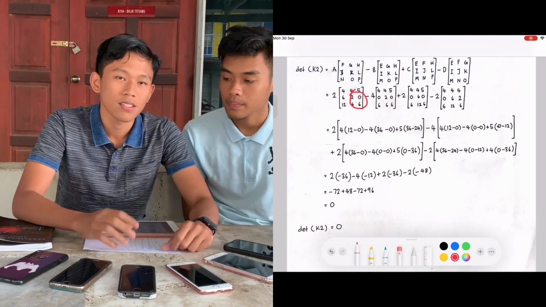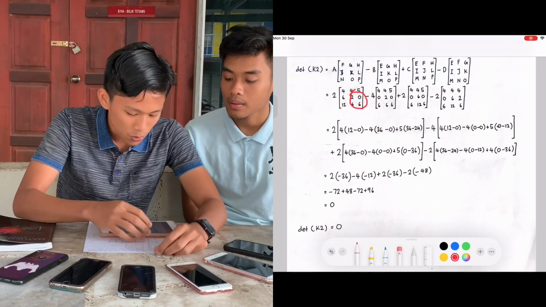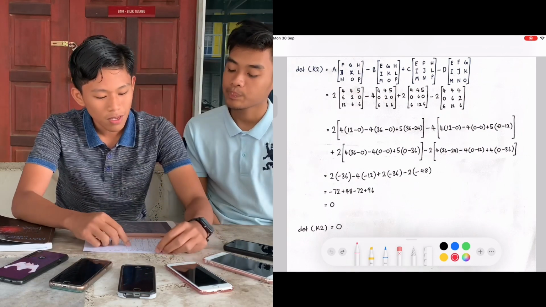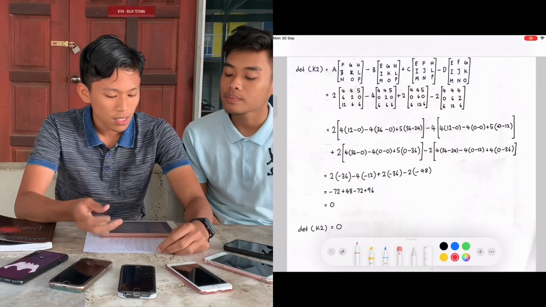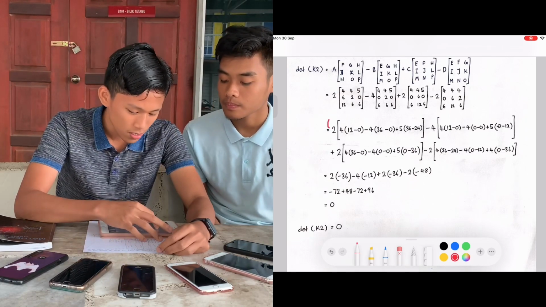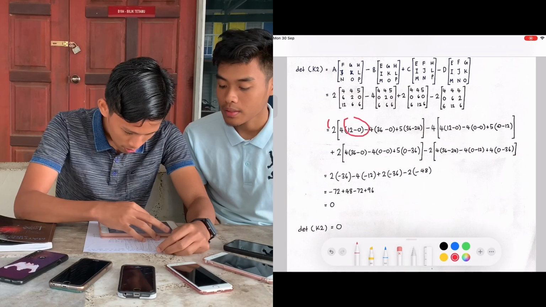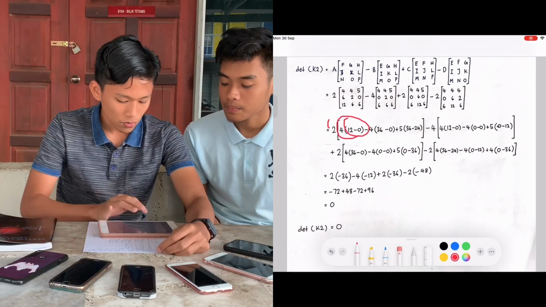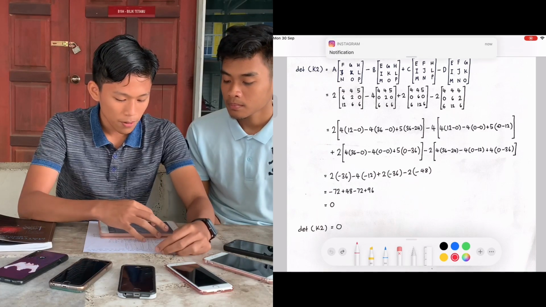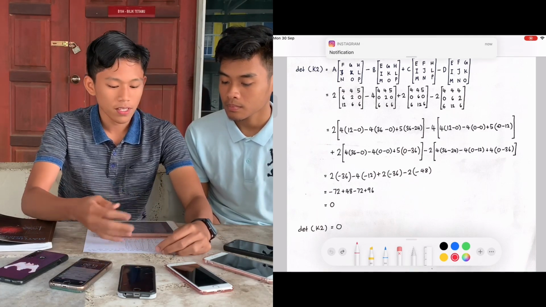So we just do it normally when we calculate the 2 multiplied by 6 and minus 0 multiplied by 6, and we got this equation. So we do it for the next step.